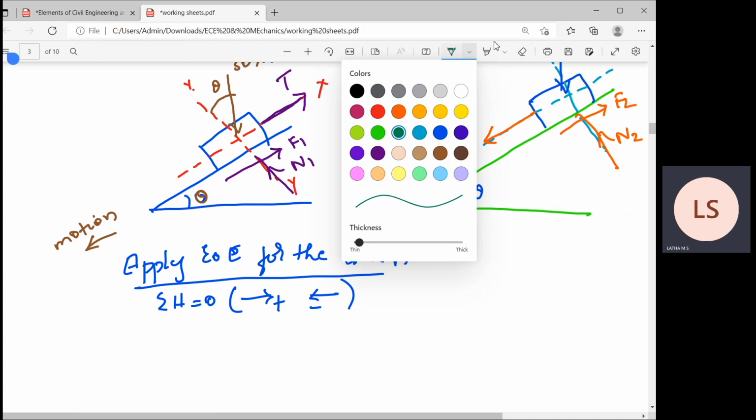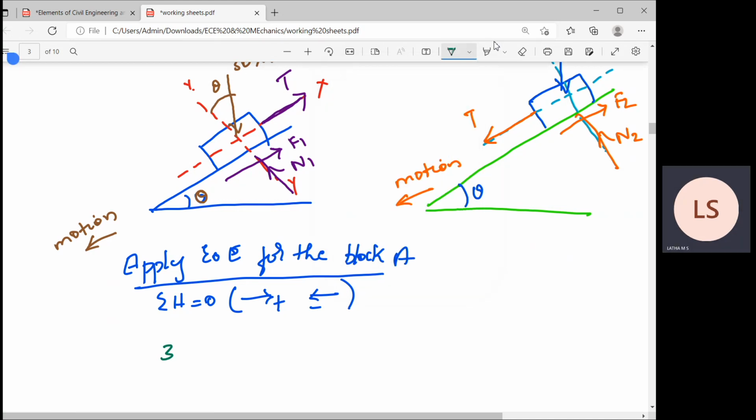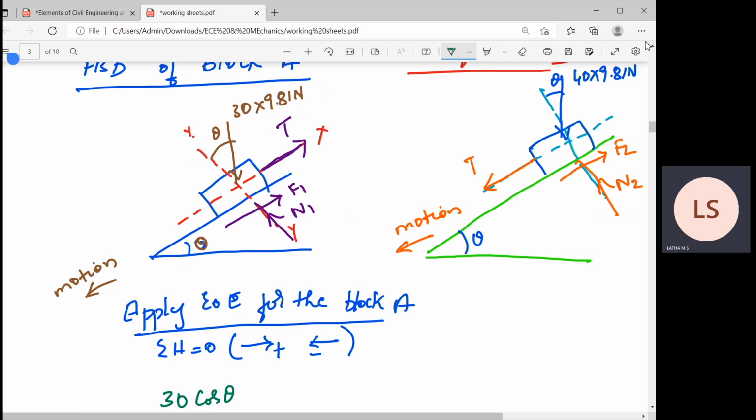I may get it as, when I resolve this, 30 into 9.81, the weight of the block A, cos theta, correct?